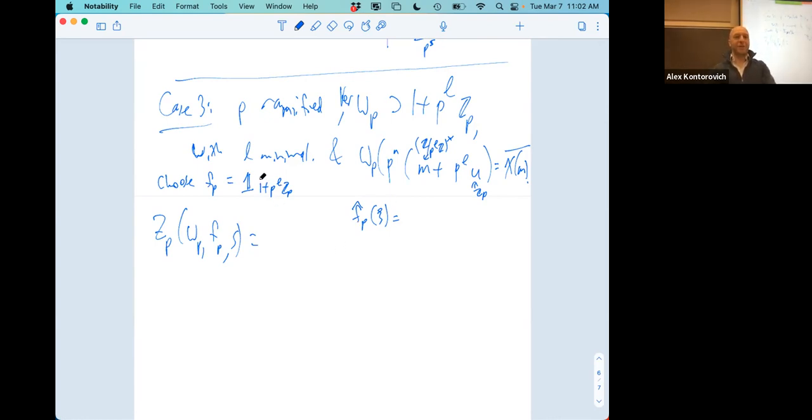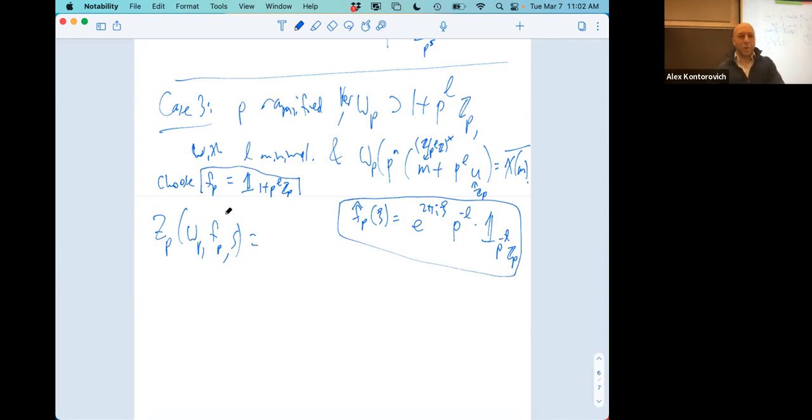If you translate, what happens in the Fourier space is you rotate by e to the 2 pi i c times a, which in this case is 1. You get a negative power of p, and then the indicator function of p to the minus L Z_P. Let's just recall that this is a calculation that we have done previously for this choice of F.